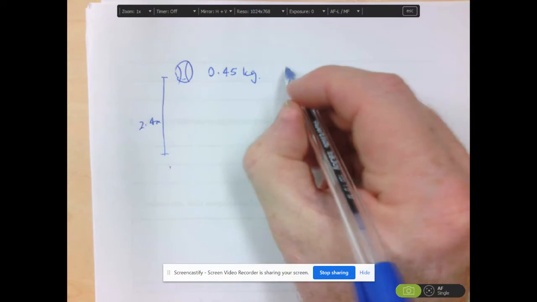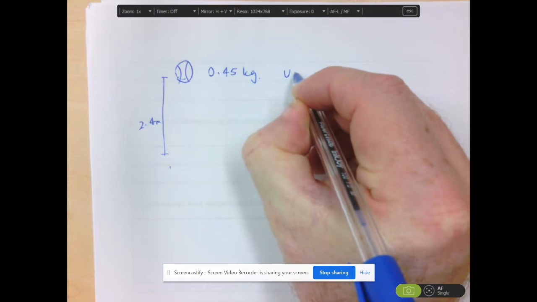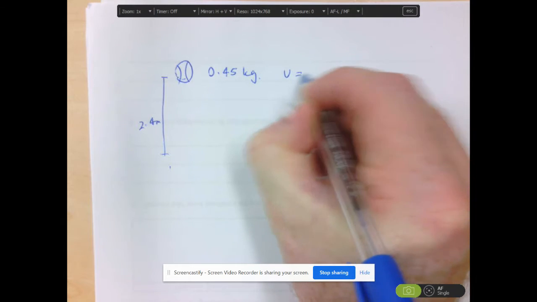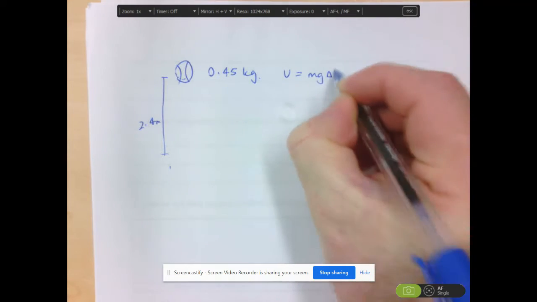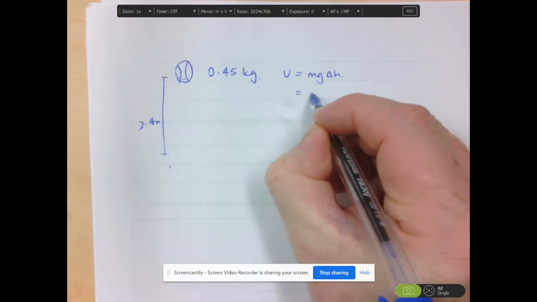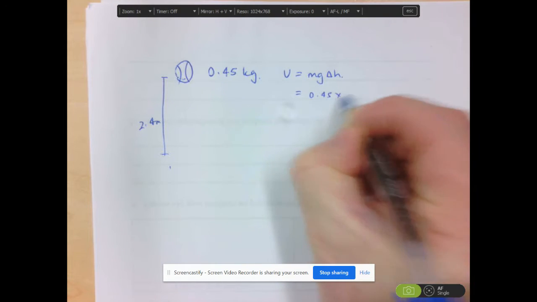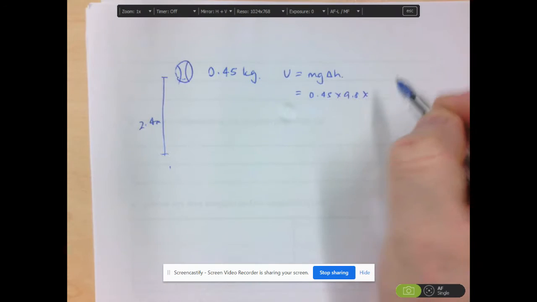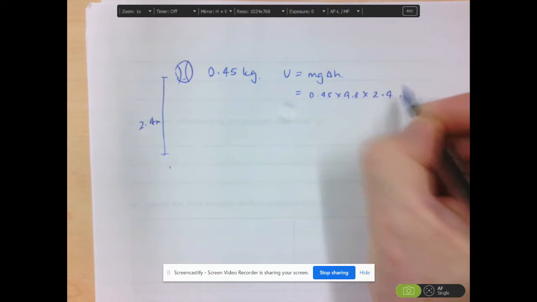So at the top of the path, we get mgΔh as the potential energy. And we can calculate that as 0.45 times 9.8 times Δh, which is 2.4.